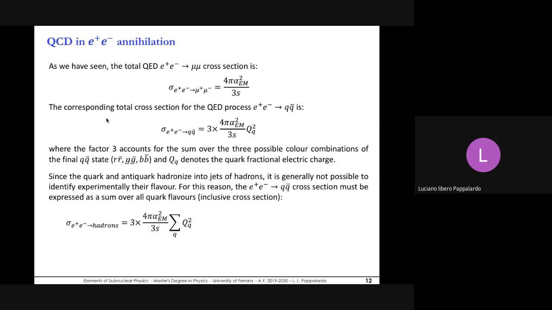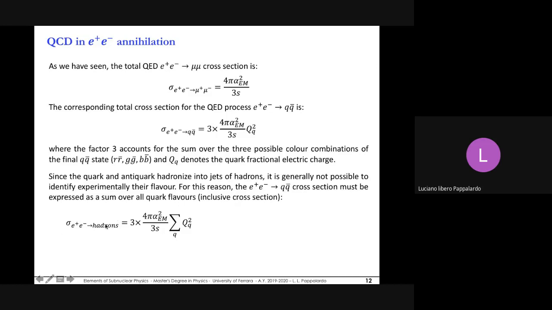And so for these reasons, the cross-section for e plus e minus into a q q-bar pair must be expressed as the sum over all possible quark flavors. So we talk about inclusive cross-section in this sense. Okay, so essentially we have to sum up this term over all possible quark flavors that can contribute. Of course, this depends on the energy available.